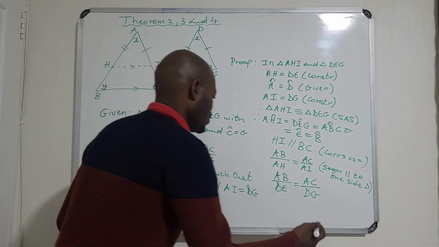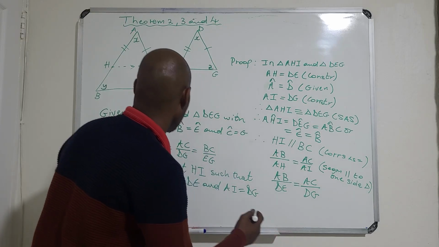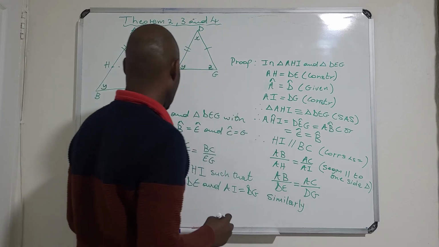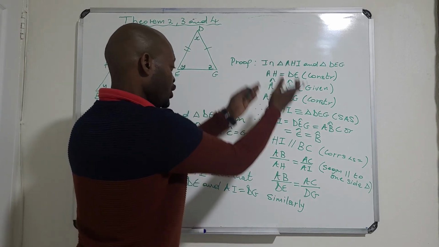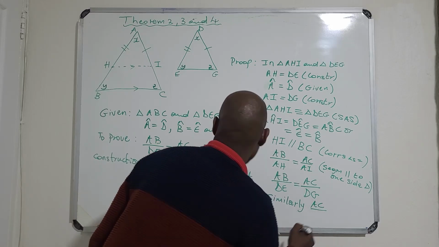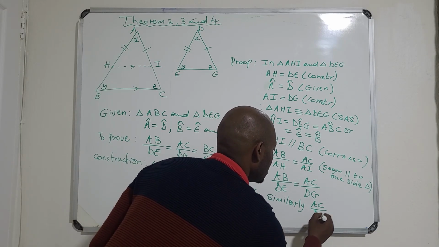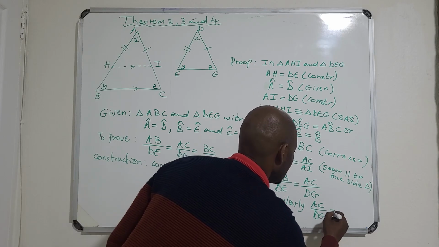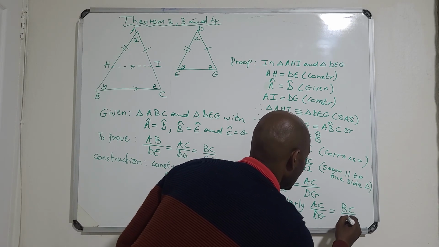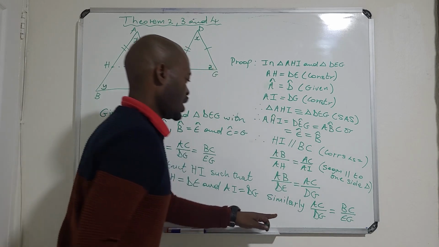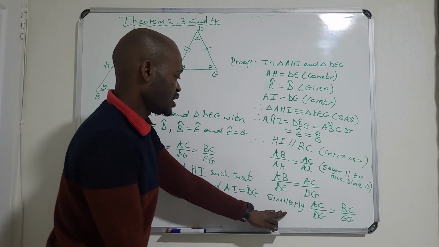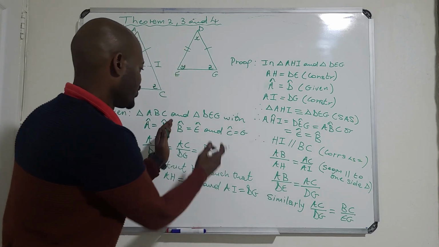We can use a similar approach to prove that AC over DG is equal to BC over EG. I leave this as an exercise for you to prove the last part.